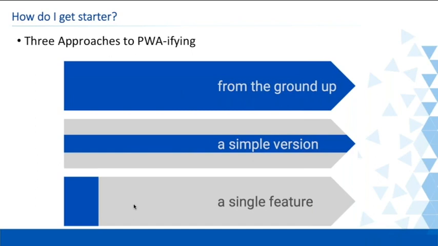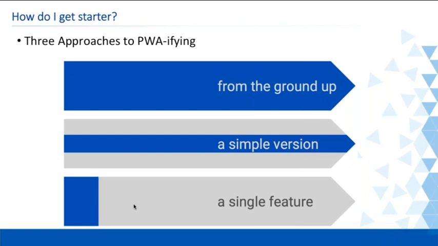They created something from scratch. But at the same time, you may not want to put all your eggs in one basket. You can just do a simple version, which caters to only one thing. Probably just let the shell app work, and reduce the load time so the user lands on the page quickly. That would be a simple version of the web application.